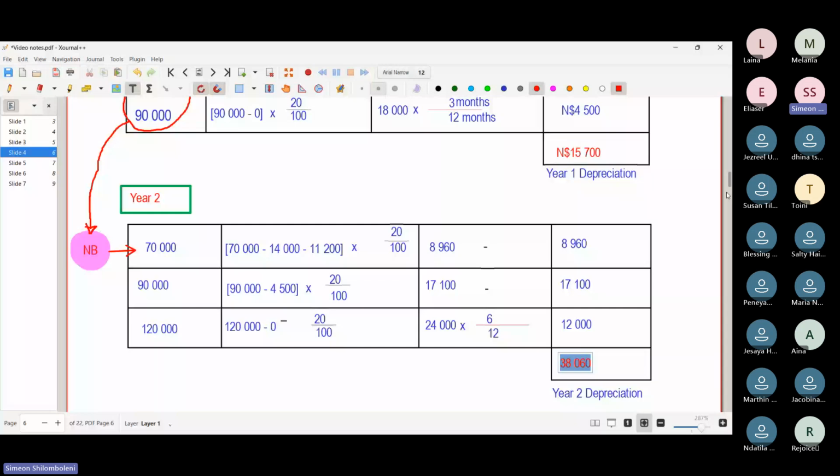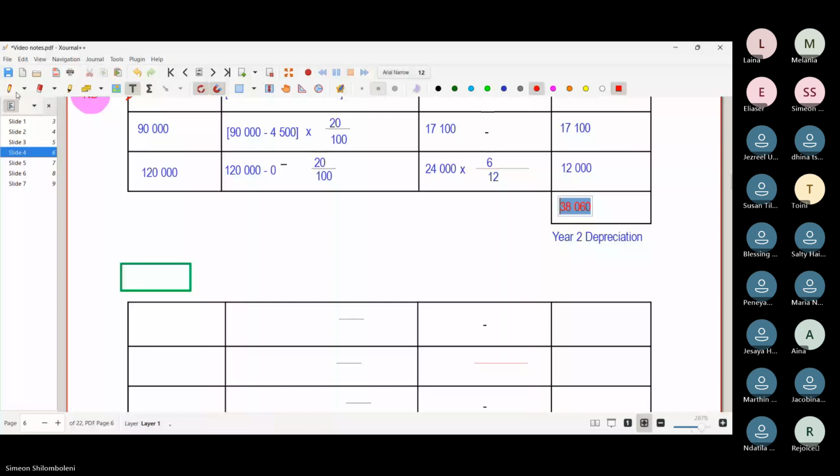Now we move to the third year. The third year again, I'm going to start with this. I'm going to put NB here. Now when you see this NB that I write down, what do I mean here when you are starting year 3?